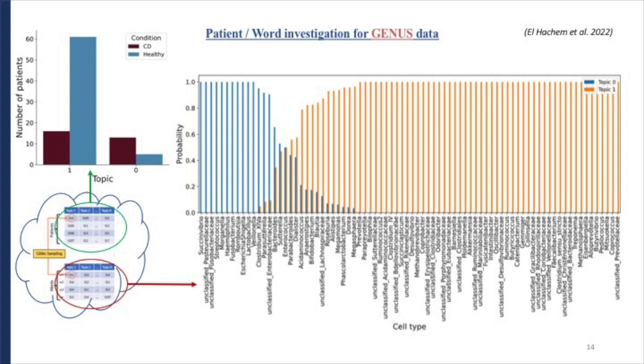And when we investigate the probability of a word to be inside the topic, we found that topic number 0, which is associated to Crohn's disease patients, is highly composed of bacteria that are associated to Crohn's disease and have been identified in the literature as key bacteria that drive the phenotype of Crohn's disease patients.